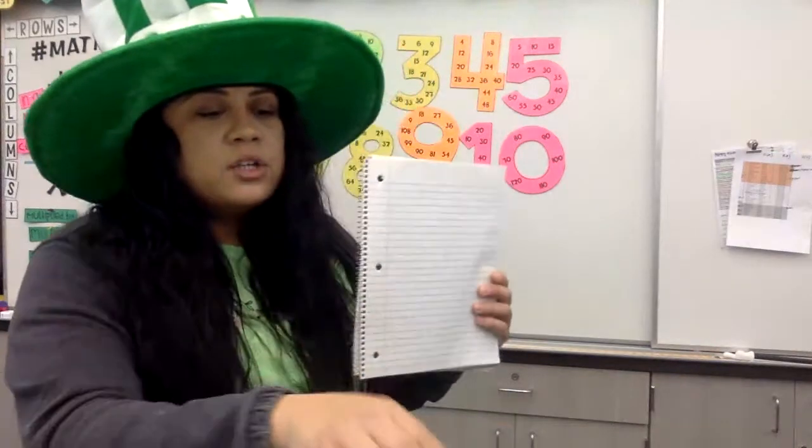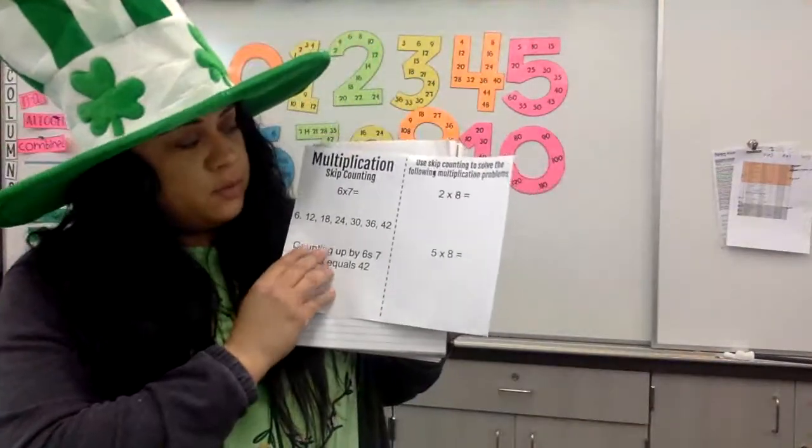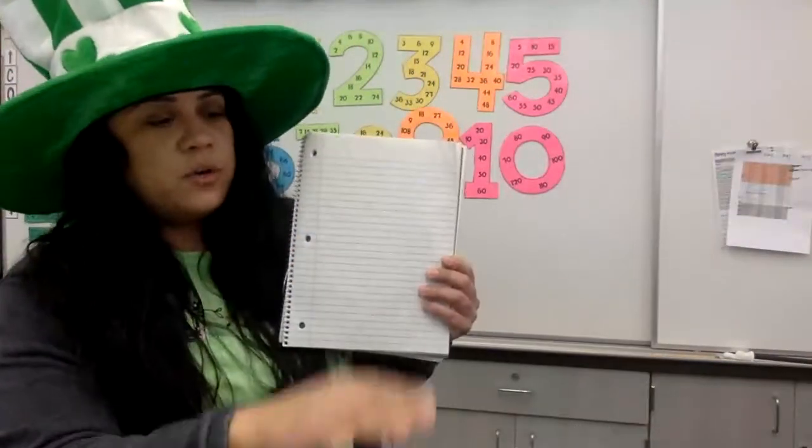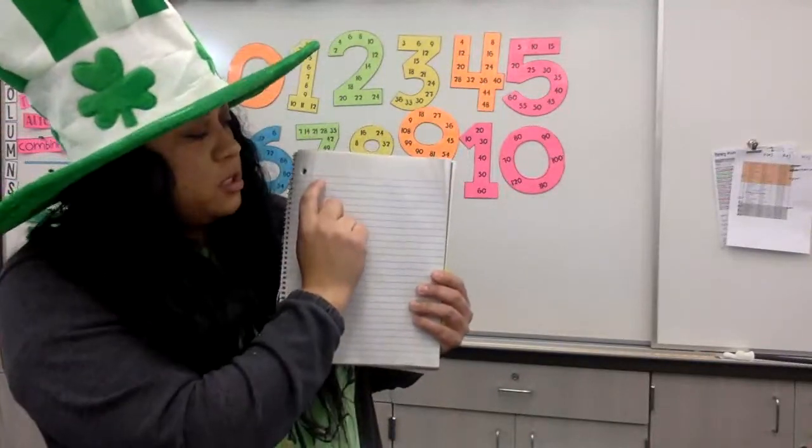If you haven't picked up your packet yet and you're like, oh man, I can't do the assignment, I have tagged the Google Slides. However, you're going to need to write it in your notebook. So you don't have to write the example in your notebook, but I do want you, when it says multiplication, you're going to write skip counting 2 times 8.